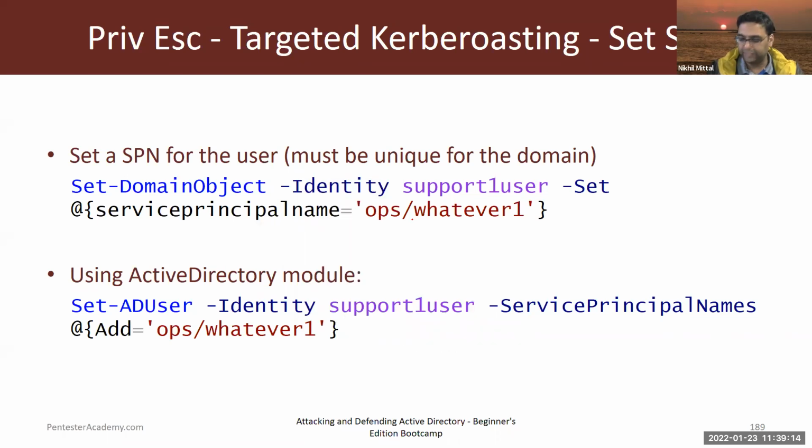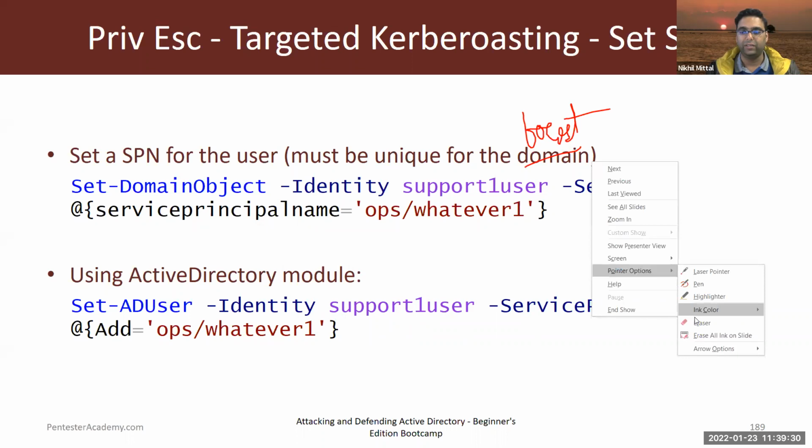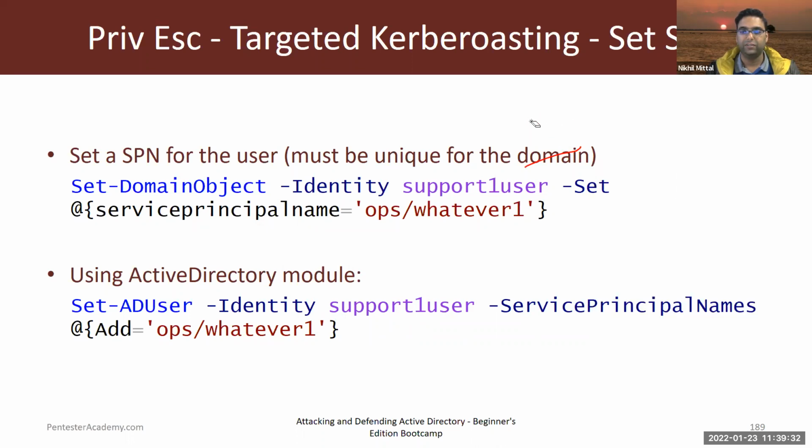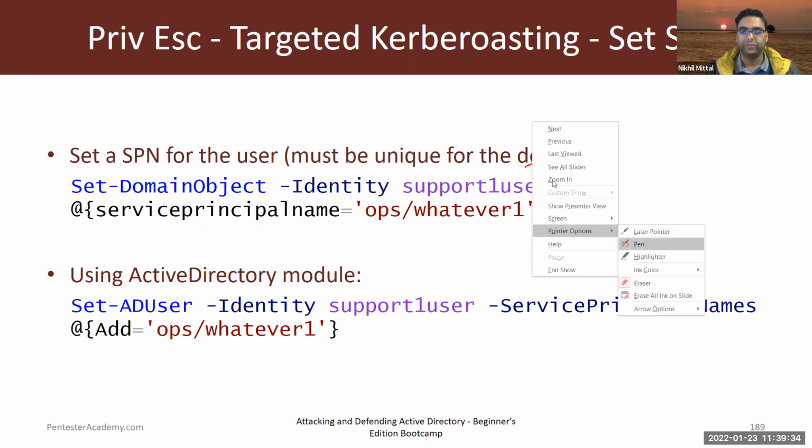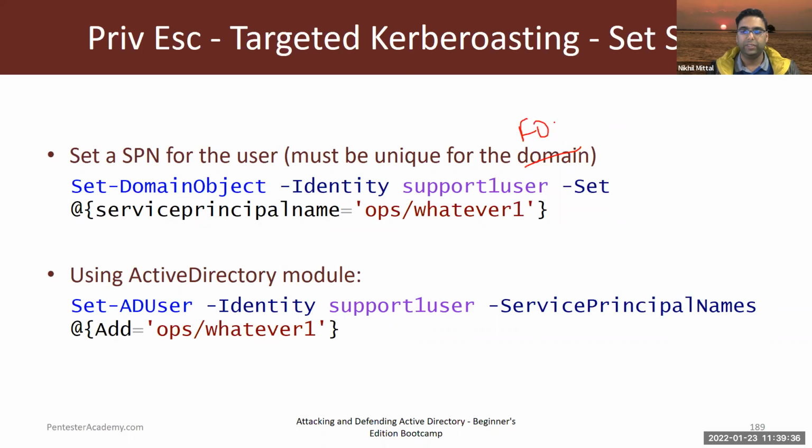the SPN. So there are just two conditions required to set an SPN. One, it must be unique for the forest. So it must be unique across the forest, not the domain.